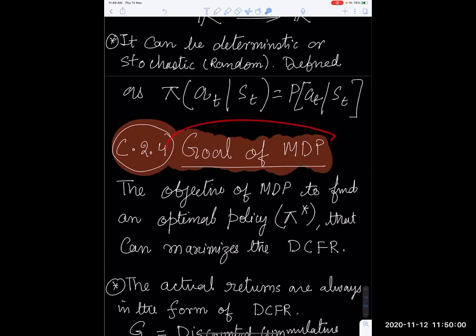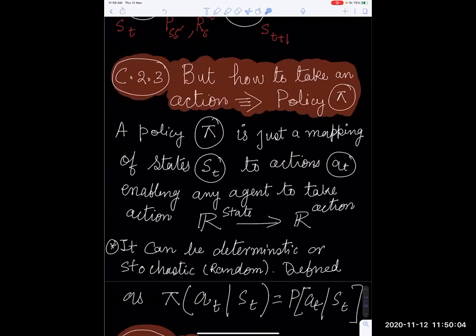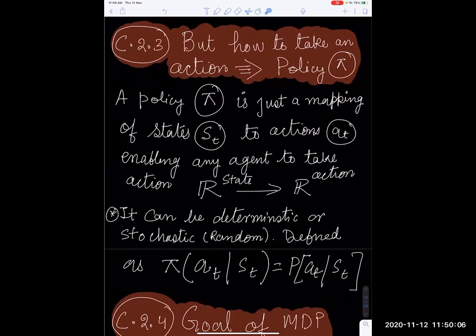So the first thing is the way in which you can choose an action and generate an episode as well, because at every state you need to take an action. That is the code for an agent. The agent needs to learn such a policy, but not a chaotic or random one.